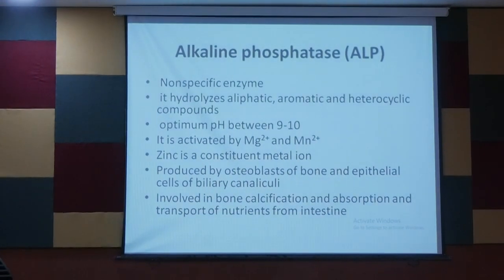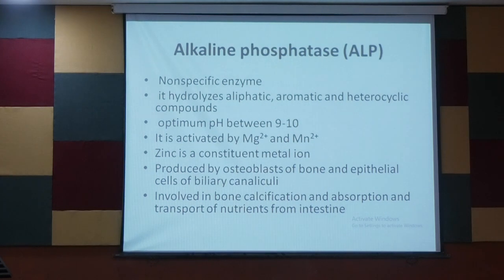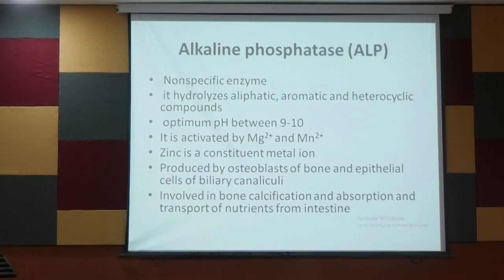Quickly jot down or go through it about alkaline phosphatase. See, the optimum pH is between 9 and 10. Activated by magnesium and manganese ions. Involved in bone calcification and absorption and transport of nutrients from the intestine.